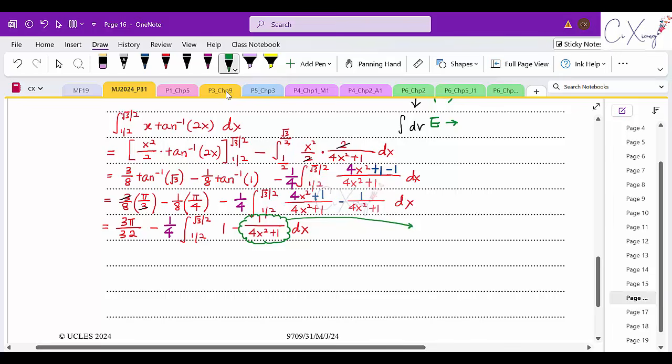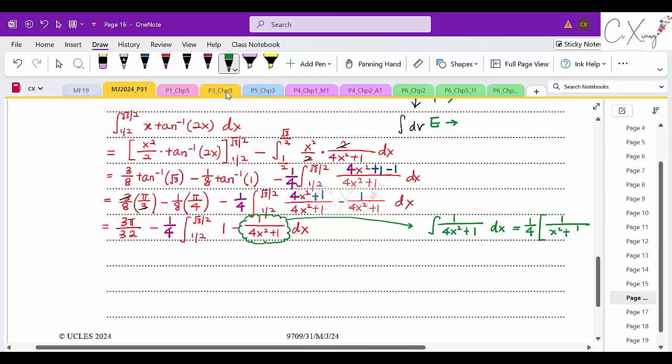Alright, so to integrate, the first technique is you use the basic steps that we learned earlier to integrate 1 over 4x squared plus 1. So first step, what we need to do is take out the constant 4, and your equation becomes 1 over x squared plus 1 over 4.